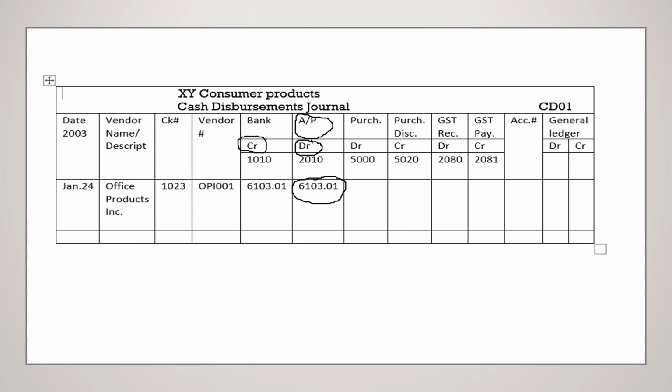So now it's balanced out. You don't need to record purchase discount because you don't have any purchase discount. GST receivable and GST payable are not relevant here because it's like after you did the sale a long time ago.